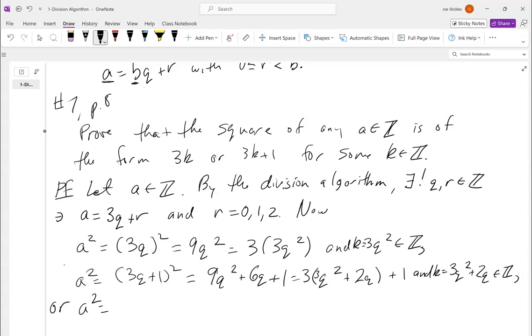Last case is? Yeah, 3Q plus 2, good. Multiply that out, you get 9Q squared plus 12Q. Wow, that is some really bad handwriting. 12Q plus 4.